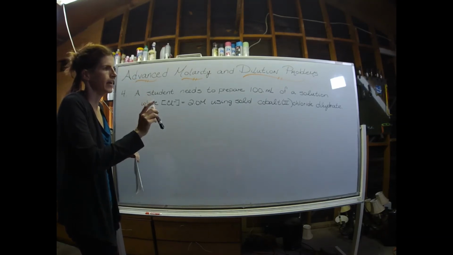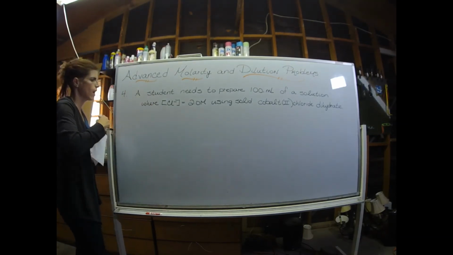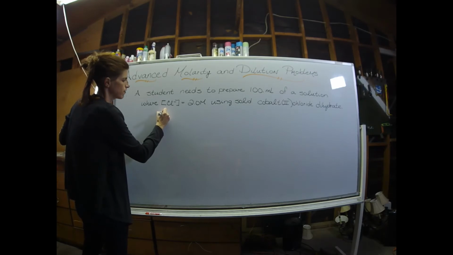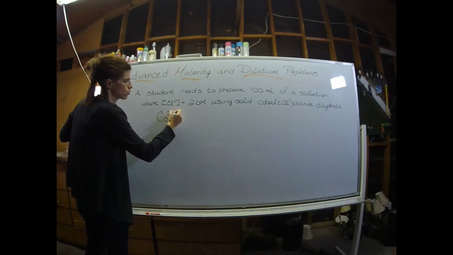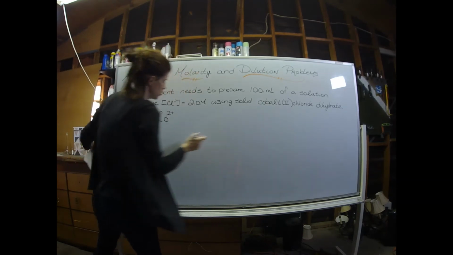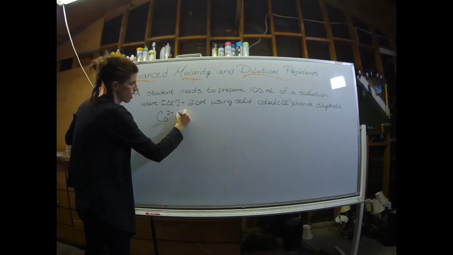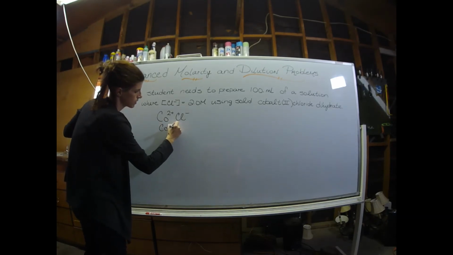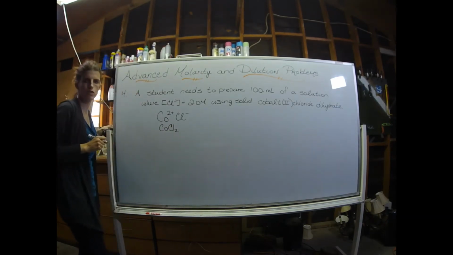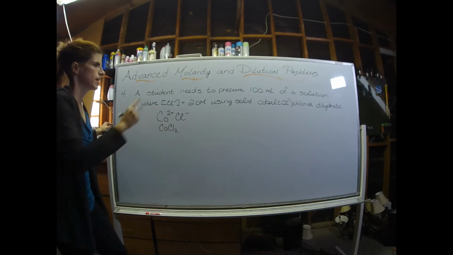So it's a hydrate. Let's go over how to write the formula and figure out the molar mass. So we have cobalt, I'm going to do a 2+ because of the Roman numeral, and then chloride. And so we're left with CoCl2 after we crisscross down the charges.